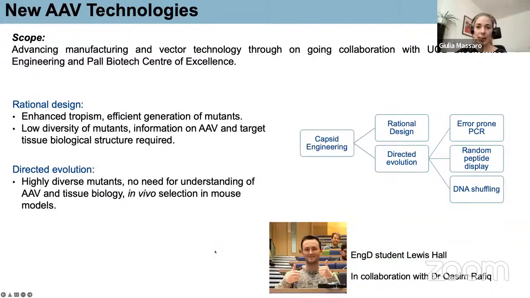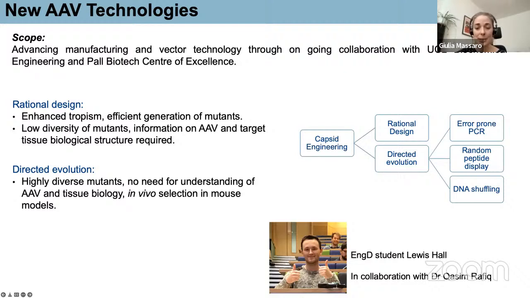The facility is not just a place where you come and make vector; it also has a research and academic concept, and in this sense we also work towards new AAV technologies. To do so, we started some collaborations, and we have a very close and successful ongoing collaboration with the UCL Biochemical Engineering Department and the Future Biomanufacturing Centre of Excellence. This is Luis here, my PhD student.